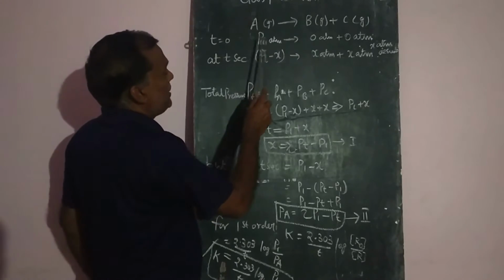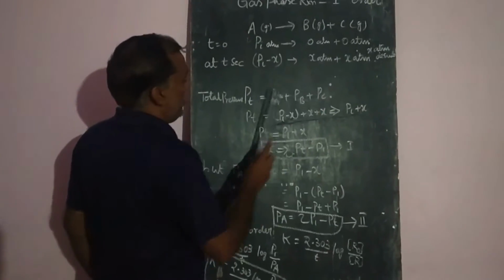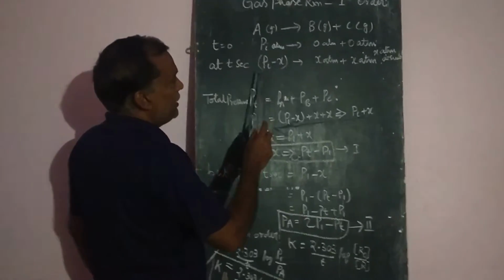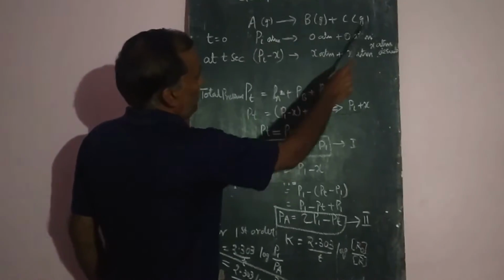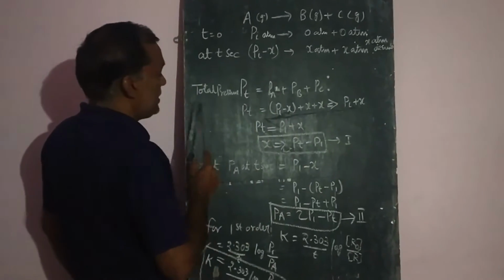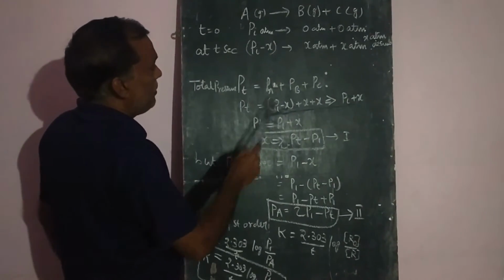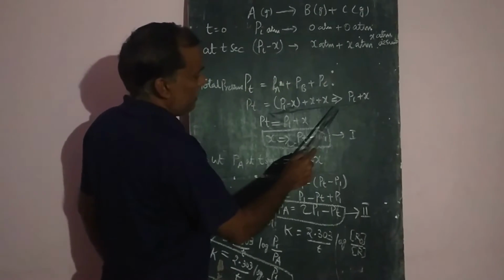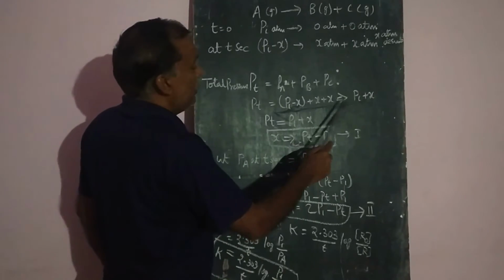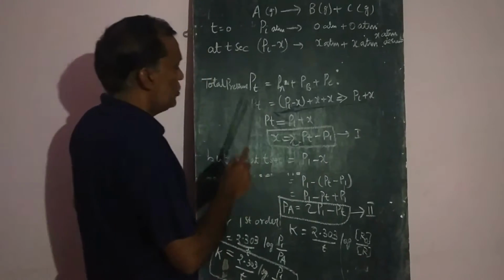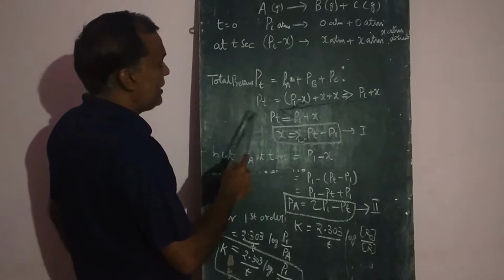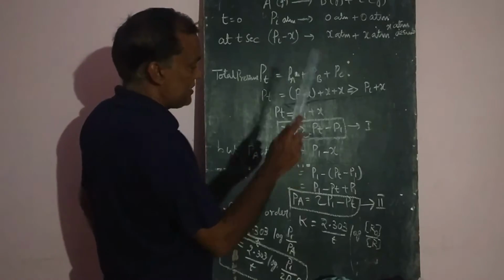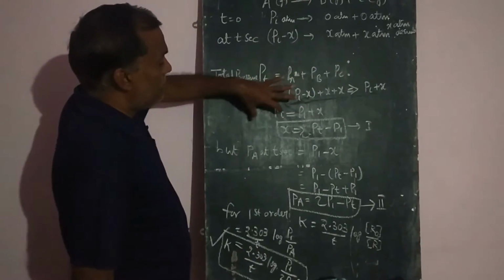Then the total pressure of the entire reaction, reactants and products, PT, the total pressure, is nothing but the P of A plus P of B plus P of C. At t seconds of time, P1 minus X is the pressure of gas A, X is the pressure of gas B, X is the pressure of gas C. If you simplify it, you get P1 plus X. So the total pressure after t seconds of time, PT, is equal to P1 plus X. This is the value we got for PT.